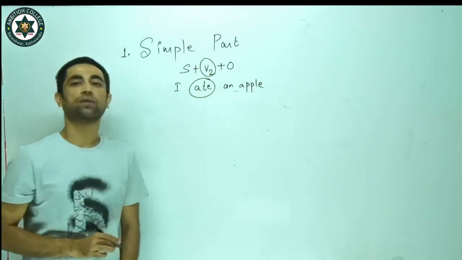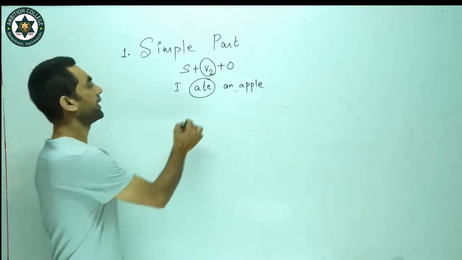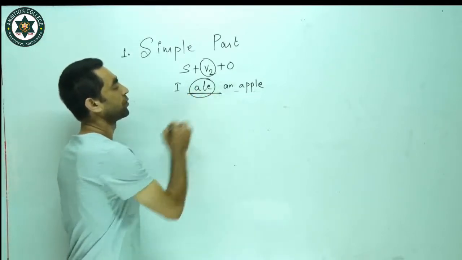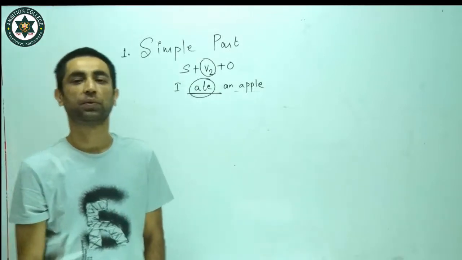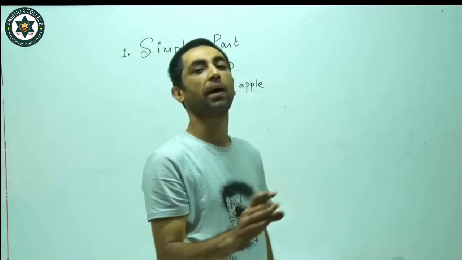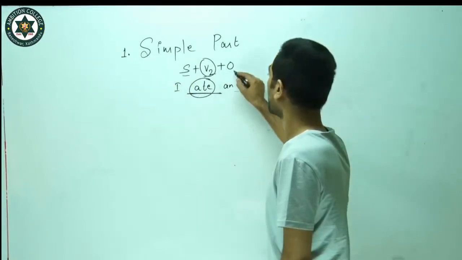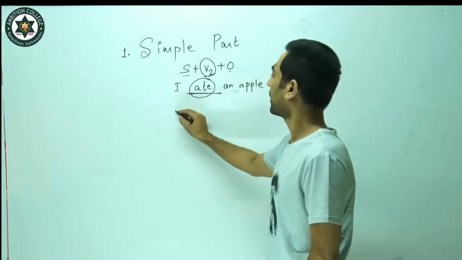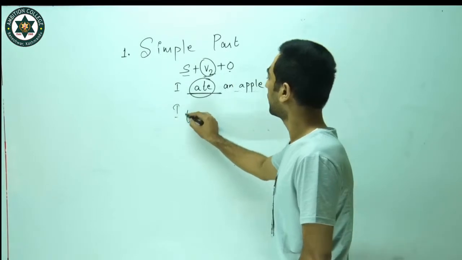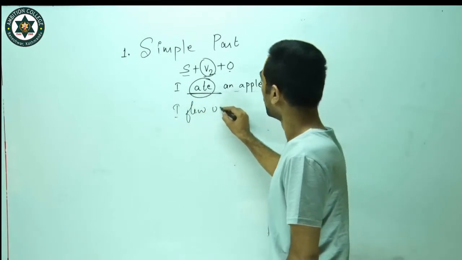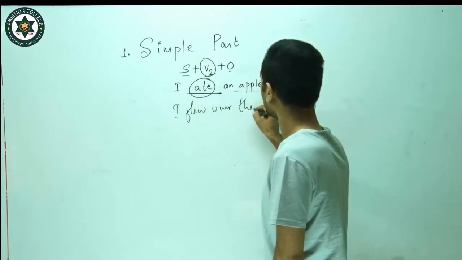This is the structure for simple past where we have the verb, and this verb is neither followed by any of the auxiliary verbs. We have the object. For example, I flew over the mountains.